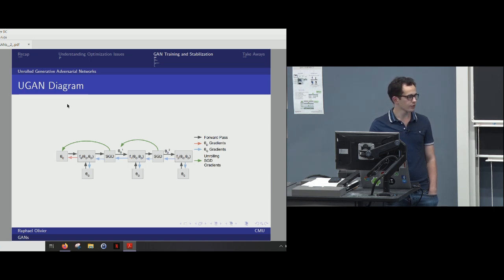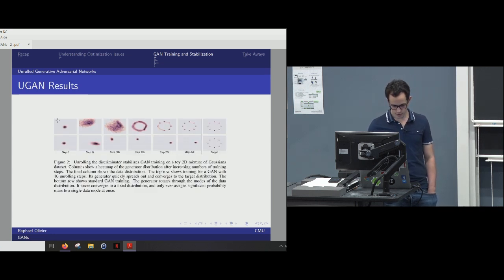That was the technique that was used in the video for rock, paper, scissors to make it converge in the end. So that works. You can see an example for a GAN in the toy settings.